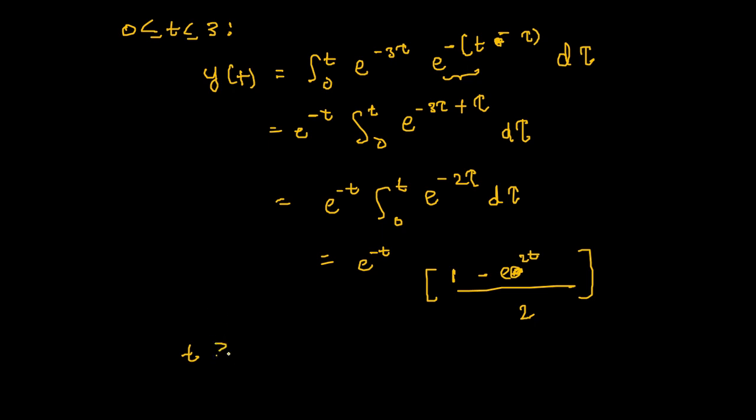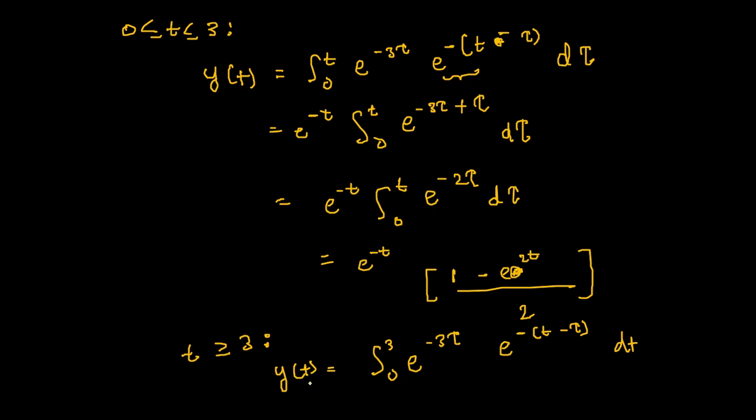But let's see, for t greater than or equal to 3, y of t will just be the integral from 0 to 3 of e to the power minus 3 tau e to the power minus t minus tau d tau. Okay, so the only thing that is different is the limits here, because the limits will always be defined from 0 to 3 only and not to whatever value of t you're taking.